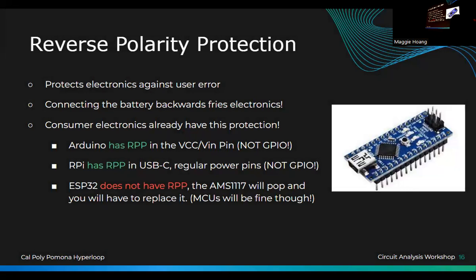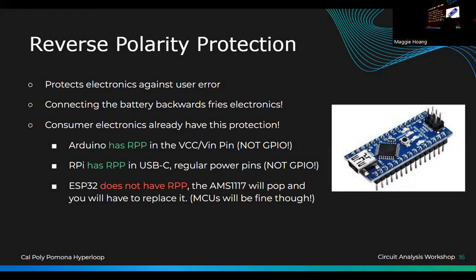A lot of components like the Raspberry Pi actually have their own reverse polarity protection circuit already in them, but not on the GPIO pins, the general purpose input output pins, where you put the digital pins. Those aren't reverse polarity protected, right?